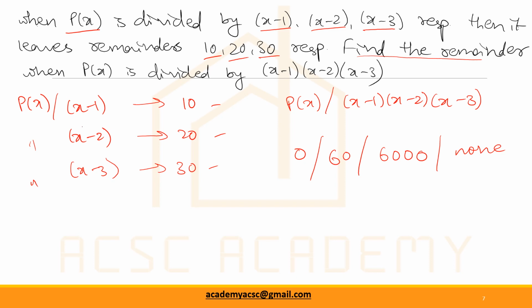First of all, let us see what we can infer from this. They are saying that p of x divided by x minus 1 leaves the remainder 10.